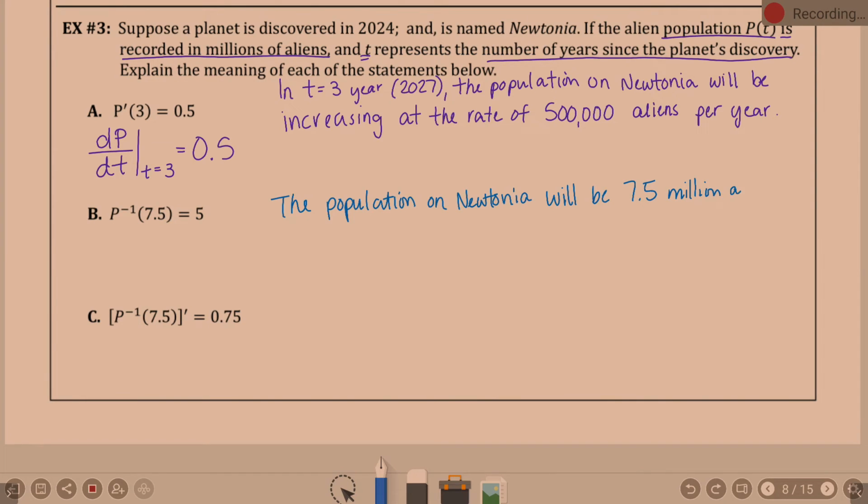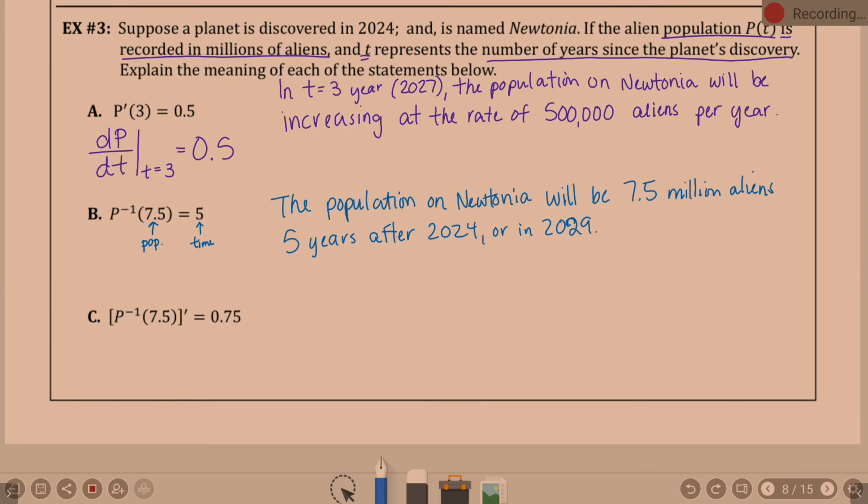That's a lot of aliens. 5 years after 2024, or in other words, in 2029. Okay, so just realize this is going to be your population and this is going to be your time, right? Because they are switched.